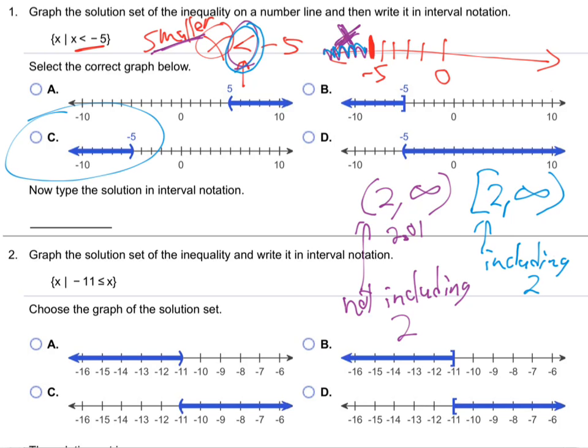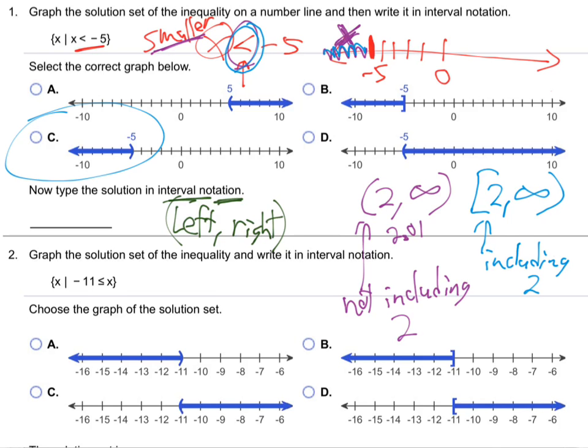Do we need to do the second part to number 1? Oh yeah, we should. I better do that. Thank you. Let's go back up and finish number 1. Okay, so they want the answer in interval notation. What's interval notation? It means left edge, comma, right edge, with parentheses or brackets as the case may be.